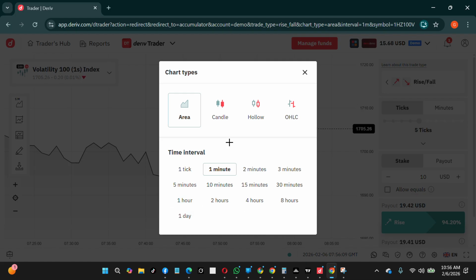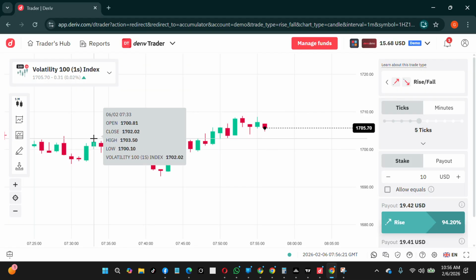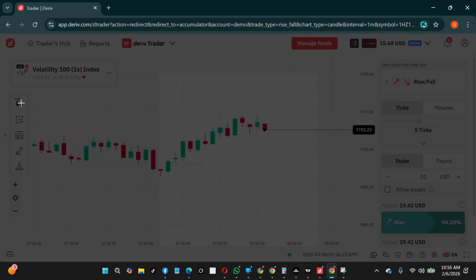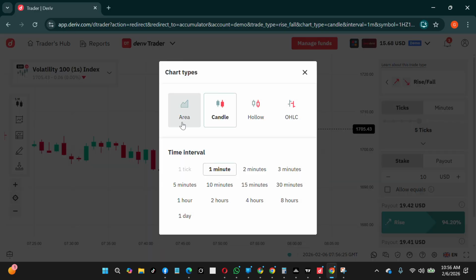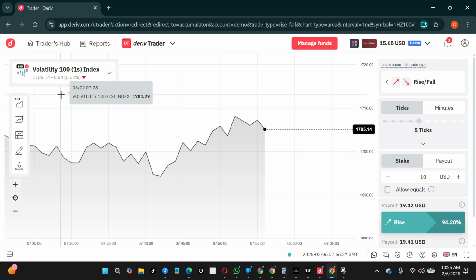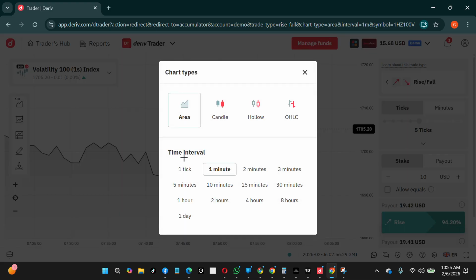For this particular case, we'll be using 1 minute. You just come here and select the candlestick like that, and automatically it will feed in itself here. You will notice that this line has gone, and automatically the candlesticks have appeared.